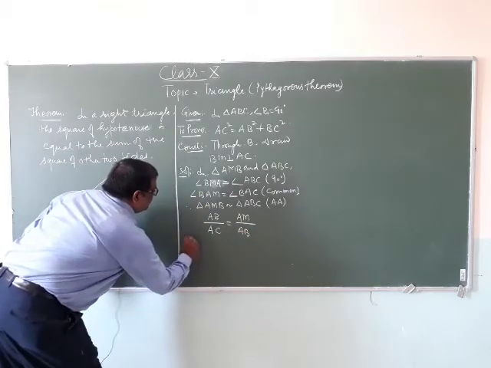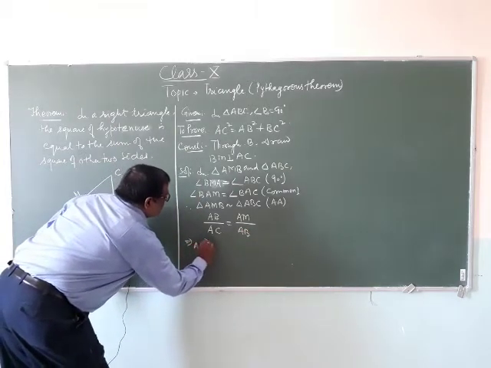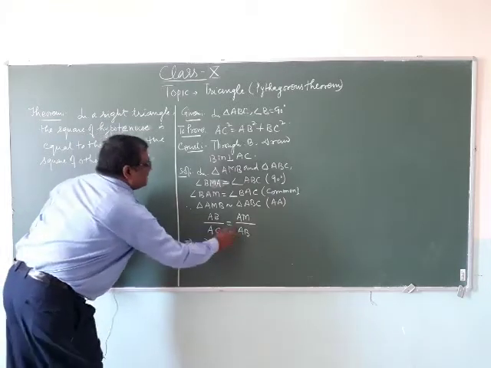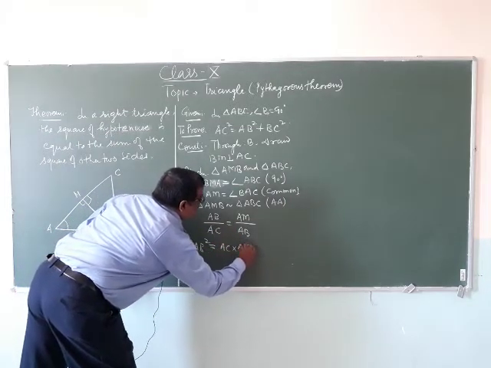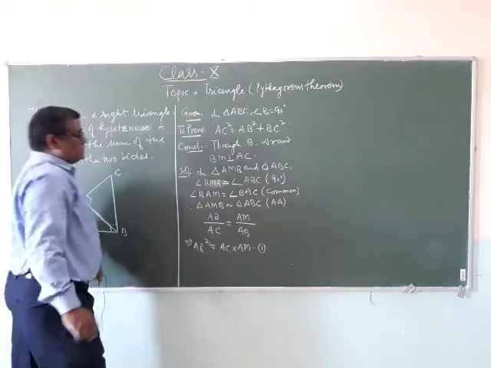This implies that AB square is equal to AC into AM. This is equation 1.